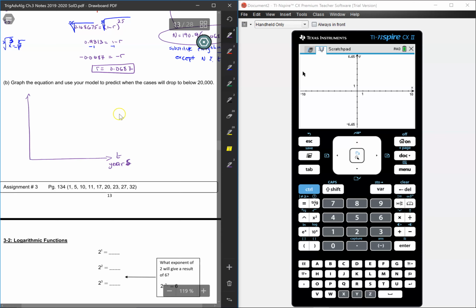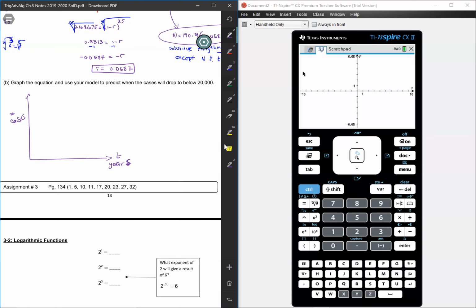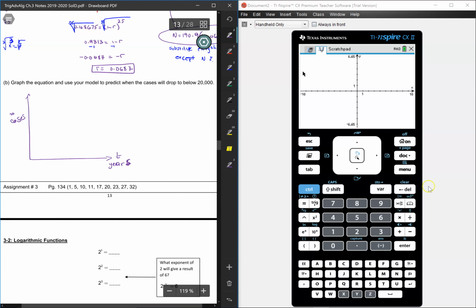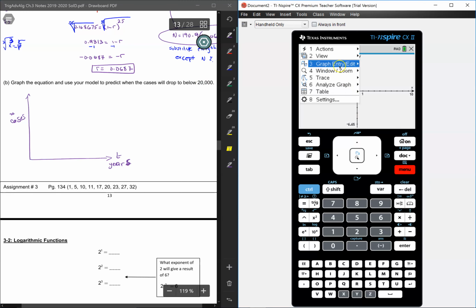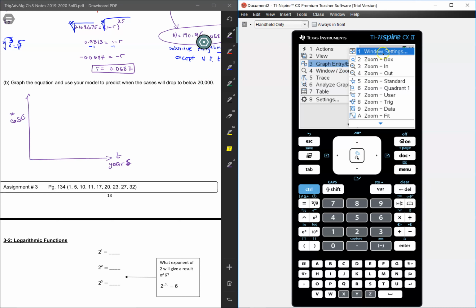So why don't we go to the window and change that? And how about the y-axis? The y-axis is the number of cases. And that, it was like 190 at the beginning, right? So let's go to menu, window, settings.